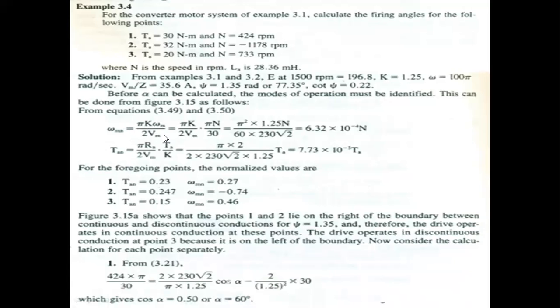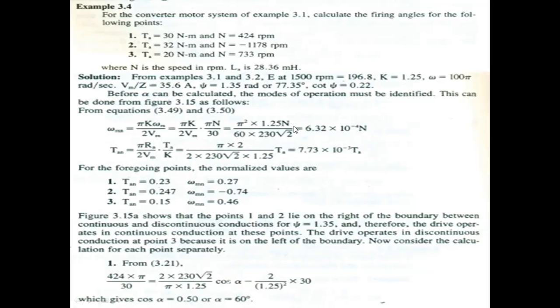If you substitute this, pi K by 2 Vm, and omega m can be written as pi N by 30 again. So in total it becomes 60 Vm by pi square K into N. Here, pi square into K, K is 1.25 from here.